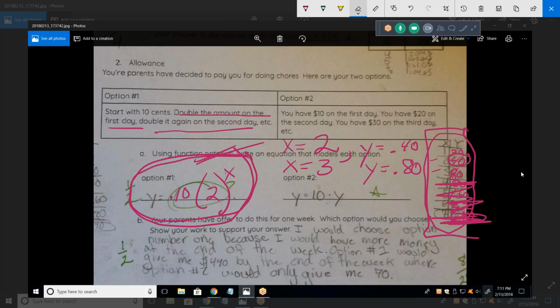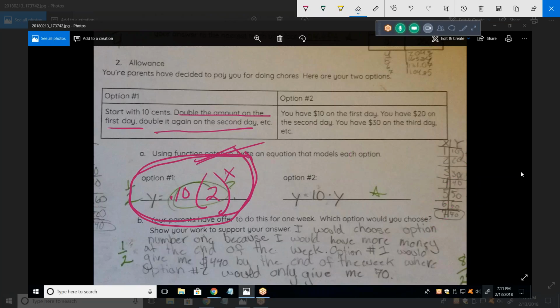Now let's look at option 2. You have $10 on the first day. Well, that sounds like y equals 10 times. Now this time you're not doubling it.